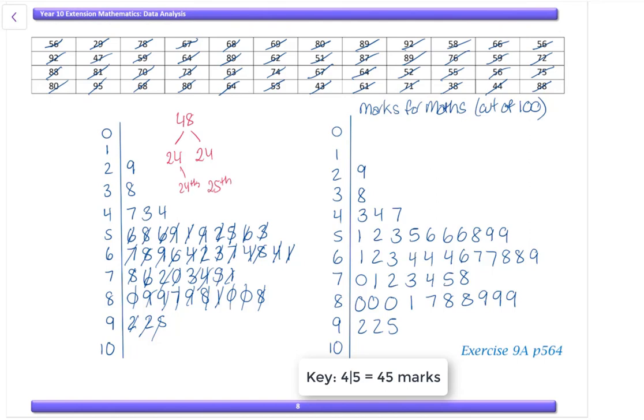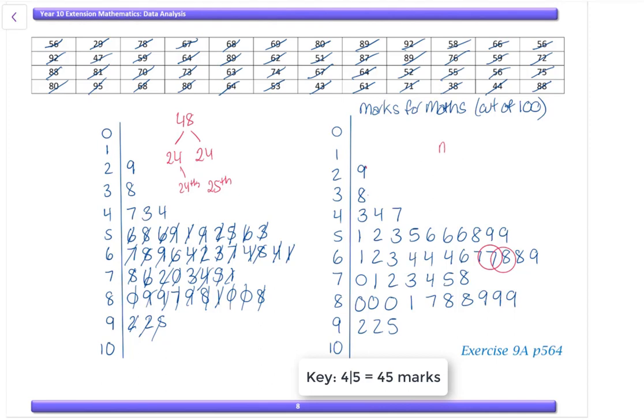That's why our data has to be in order. If we count 1, 2, 3, up to 24. So 24 is 67 and 25 is 68.